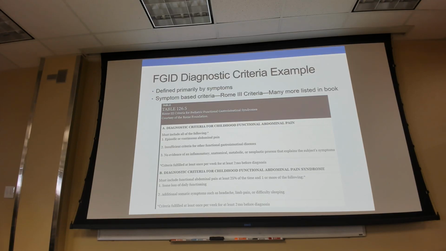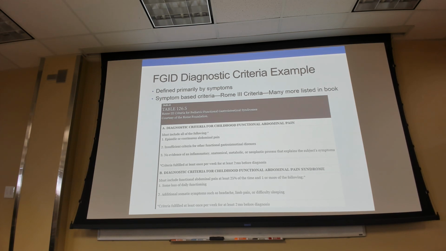Some of your examples. We talked about some of the Rome 3 criteria here when we talked about polycythemia. But some of the things that you need for diagnostic criteria, and again, this is going to be more in that GI realm: is it episodic or continuous? You don't have any evidence of some true underlying inflammatory or anatomical issue. And then there's that impairment of function.